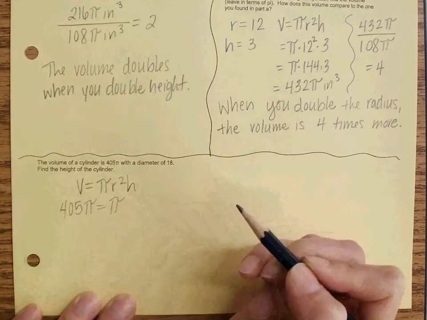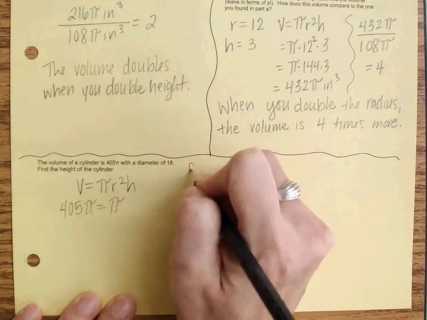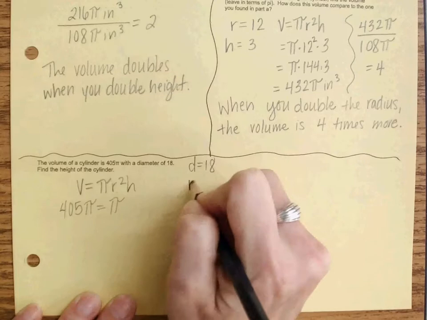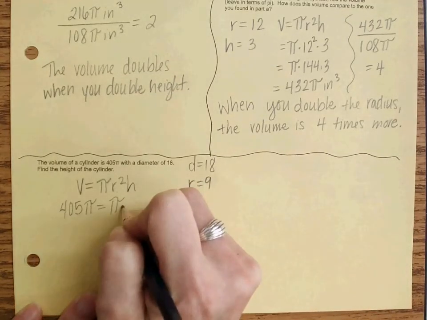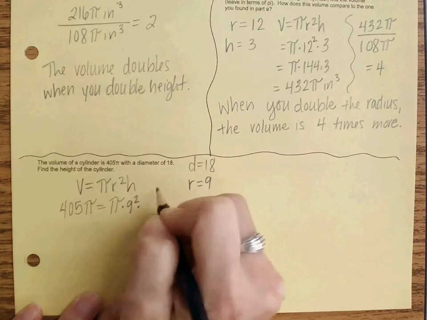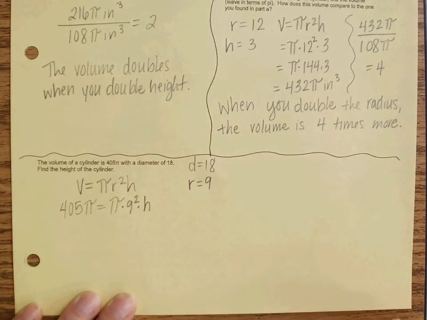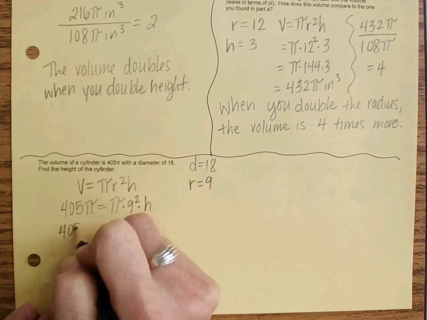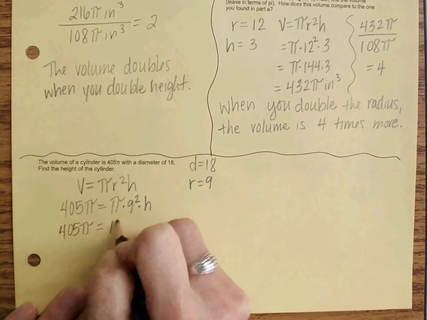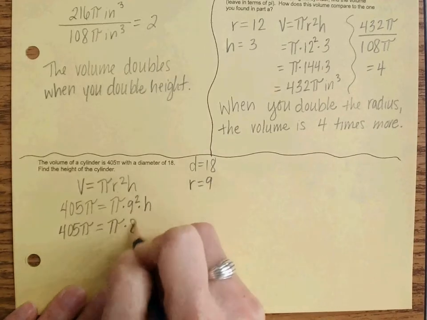Our radius is, so if diameter is 18, radius is half of that, so that's 9. So we'll go ahead and put 9 squared in for the radius. The height is our unknown. We'll leave that as h, and that's what we're solving for. So let's go ahead and start simplifying, because 9 squared is 81.